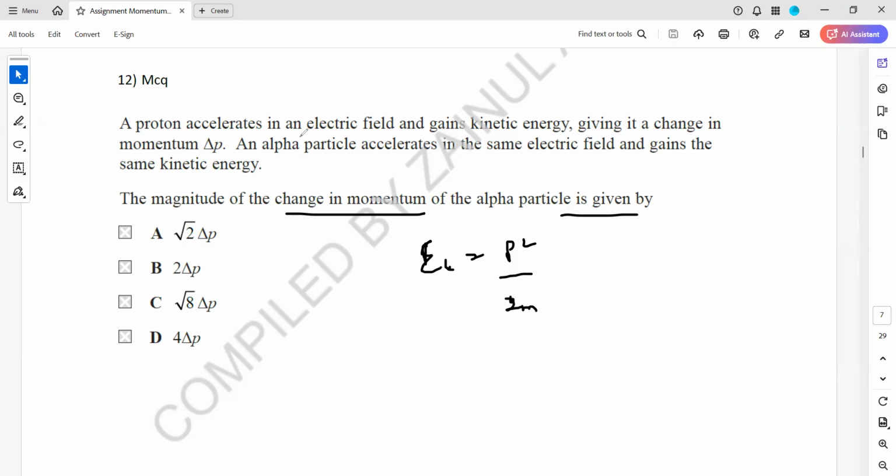And they mention a proton accelerates, gains kinetic energy, and has a momentum delta p. An alpha particle also accelerates and gains the same kinetic energy. But what about the mass of the alpha particle? The mass of the alpha particle is 4 times.